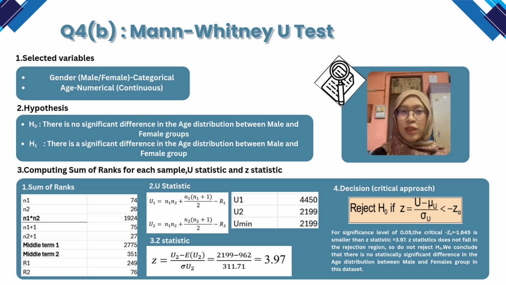After that, I choose the smaller U in order to calculate the z statistic value. Then I get the result of 3.97. Now, I will make a decision using the critical value approach. For the significance level of 0.05, since the critical z value, negative 1.645, is smaller than the z statistic value, which is 3.97, the z statistic does not fall into the rejection region, so we fail to reject the null hypothesis.